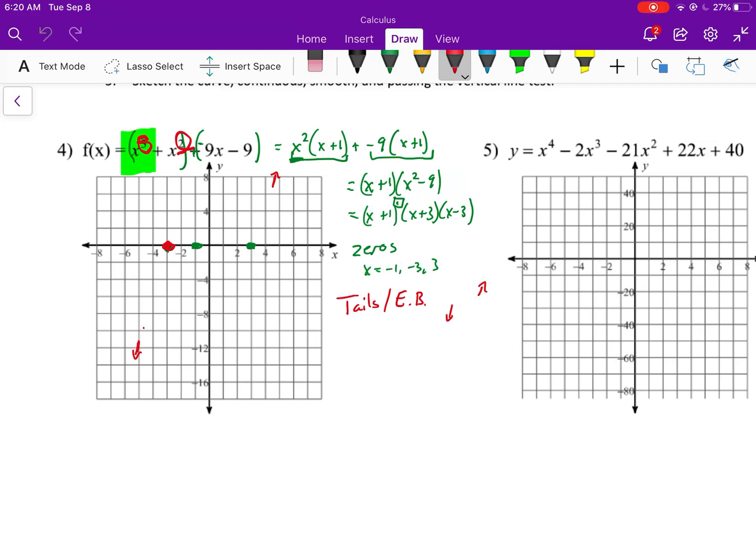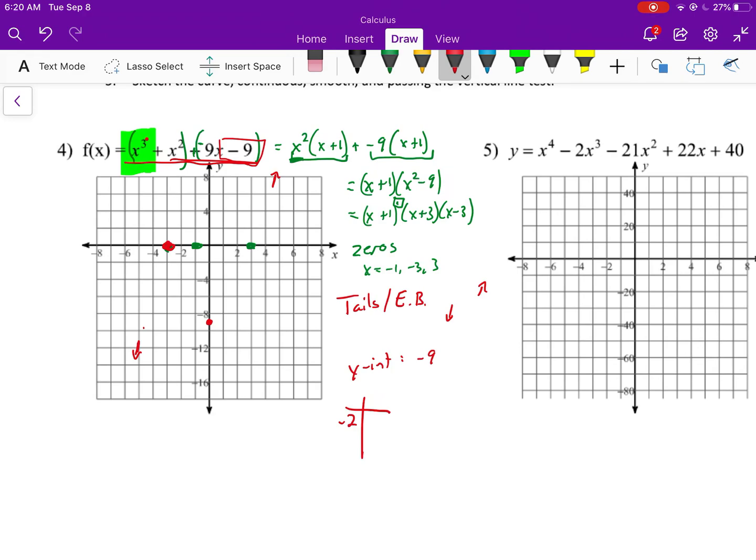And now we can look at some different points that we want to graph. First of all, the y-intercept, it's nice and easy. It's actually the constant here, so -9. So we have a point down here at -9. And then we could find some other ones. Let's just take a look at in between some of our zeros, so -2. There's a couple different places we can put this.